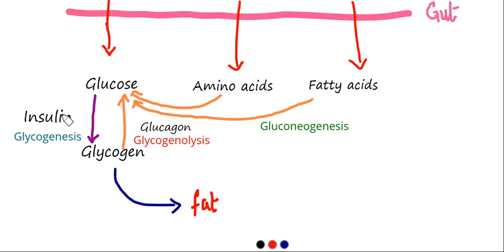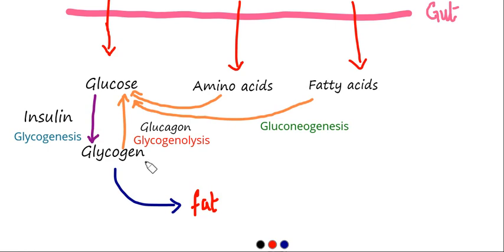Insulin receptors are present in our hepatocytes and adipocyte tissues. So a stimulus is generated whenever there is excess glucose in our blood, so that insulin needs to be produced. When insulin is produced, glucose in our blood gets lowered, and this excess glucose gets converted into glycogen.